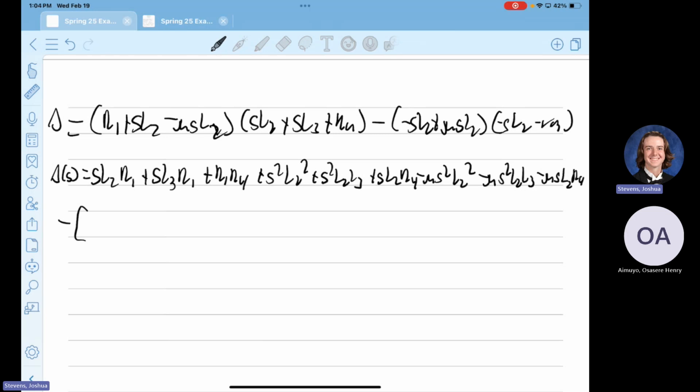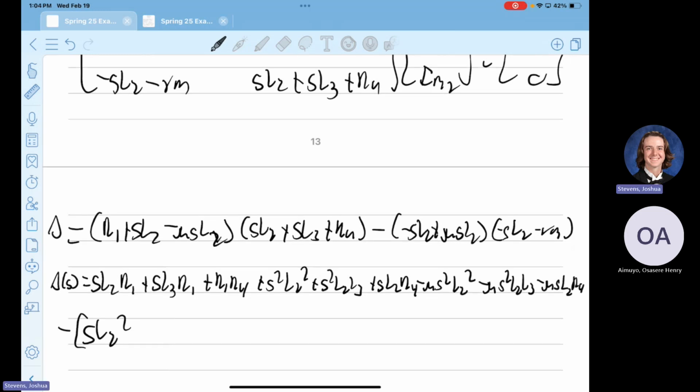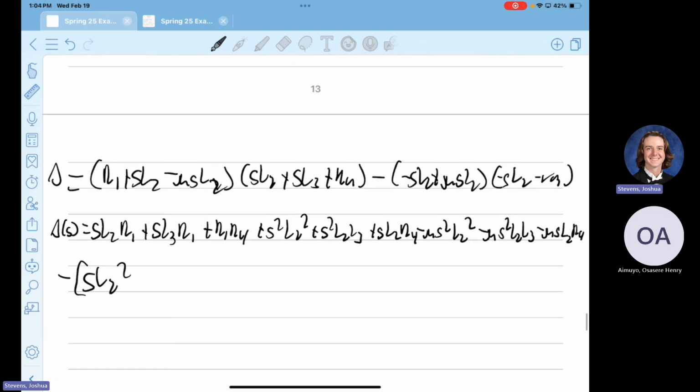Negative SL2 times negative SL2 becomes SL2 squared. That to that becomes, is that supposed to be a negative R? Negative R. Oh, okay, cool. So that becomes positive mu SL2 RM. And then going from here to here, I got negative mu S squared L2 squared.